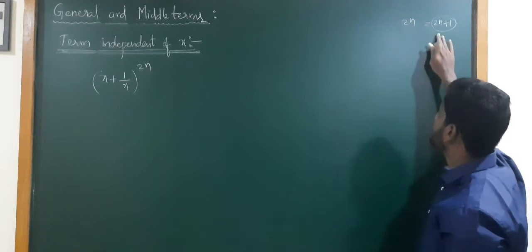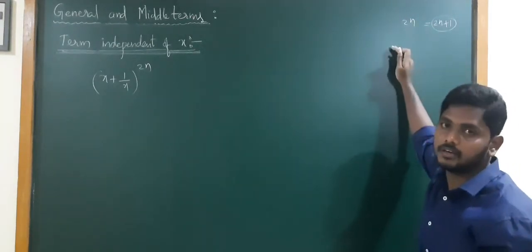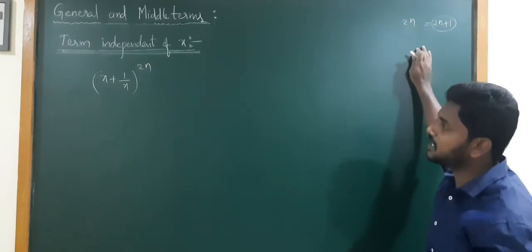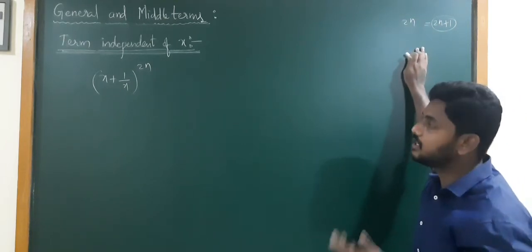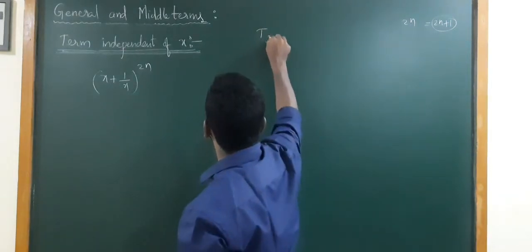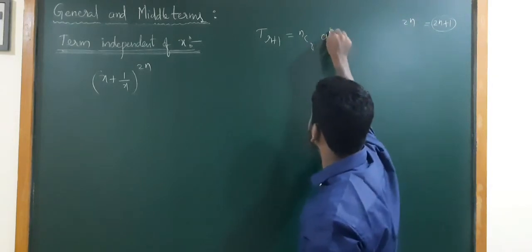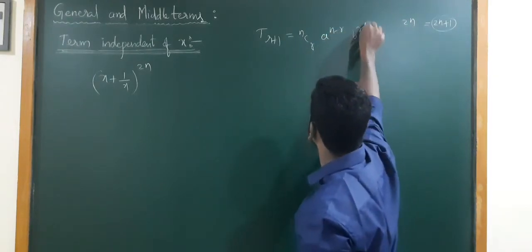We don't know the value of n. So out of those terms, which is the term independent of x? How to find it? We can find it simply by using the general term. What is the general term? T(r plus 1) is equal to nCr a to the power of n minus r into b to the power of r.